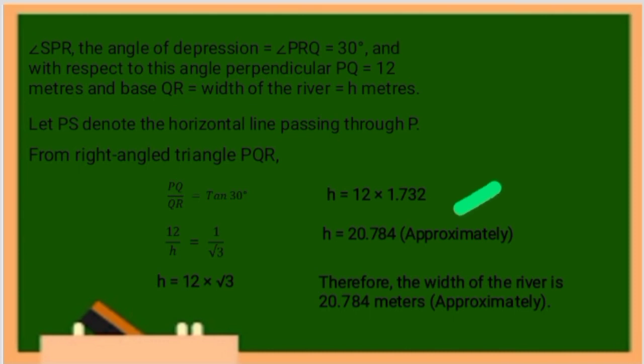So we will multiply 12 times 1.732. So we have 20.784. Therefore, the width of the river is 20.784 meters. That is the approximate width of the river.